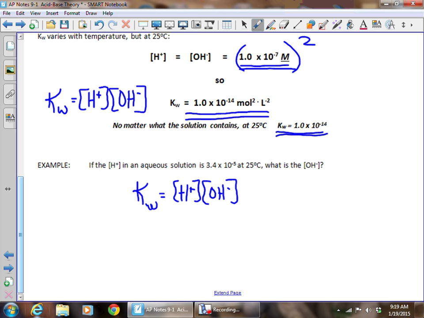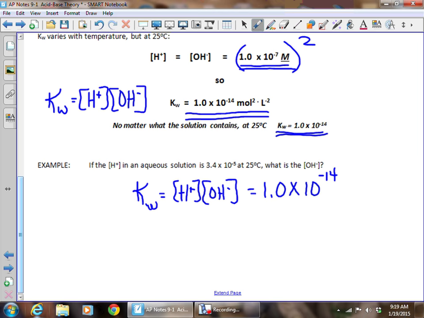And we know that H plus times OH minus has got to equal 1 times 10 to the minus 14th at 25 degrees Celsius, always.